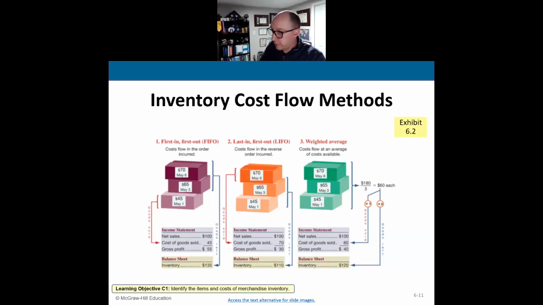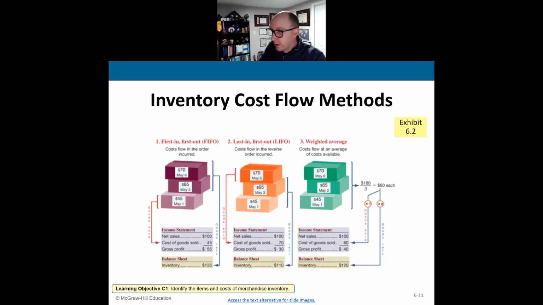I sell the first in, first out. The cost of that first pair of shoes that our company purchased was $45. So my sale price of $100 minus the cost of goods sold, $45, means that I will have a gross profit of $55.